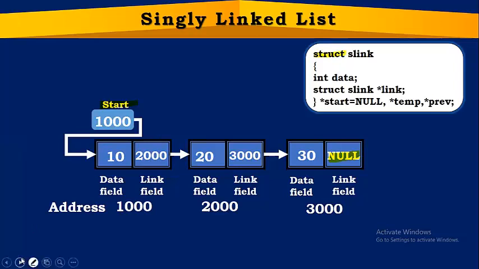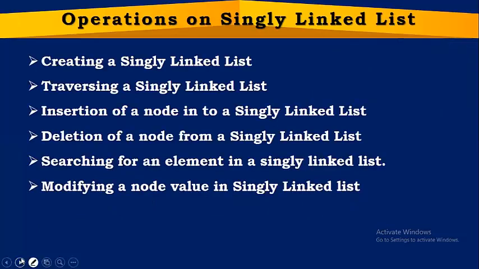Okay, so let's see what operations can be performed on singly linked list. First, creating a singly linked list. In this, we are going to add the initial nodes in a singly linked list. However many nodes the user wants to add initially can be inserted.